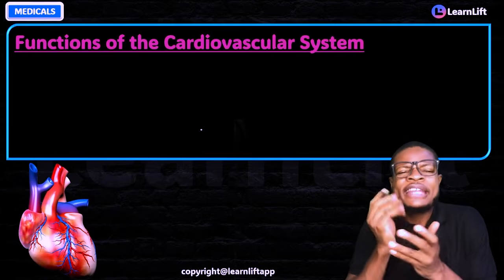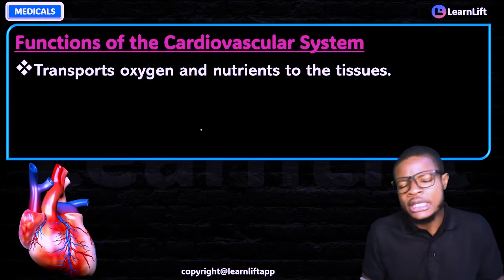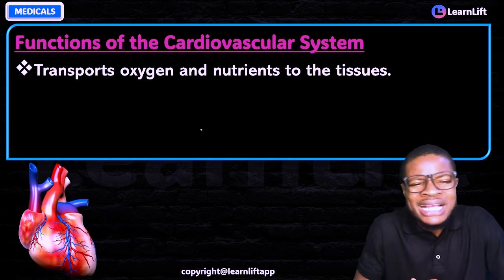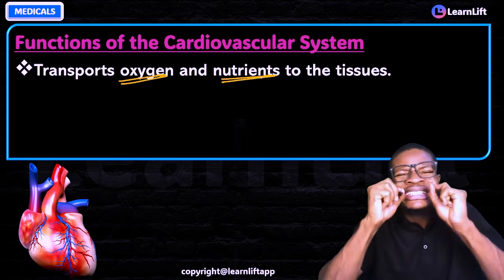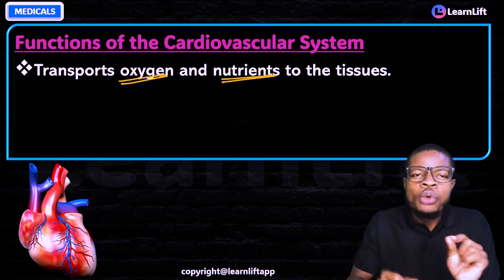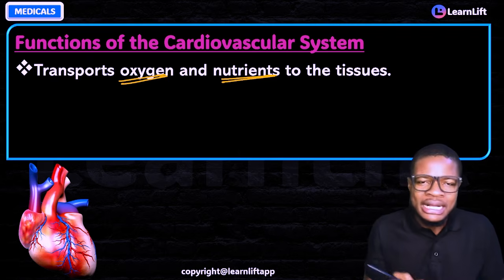Now the question is, what are the functions of the cardiovascular system that they want us to know? 2 things very quickly. Number 1, the cardiovascular system transports oxygen and nutrients to the tissues of the body. So what transports oxygen and nutrients around the entire body? The cardiovascular system.